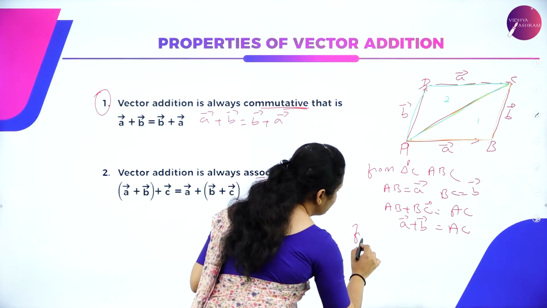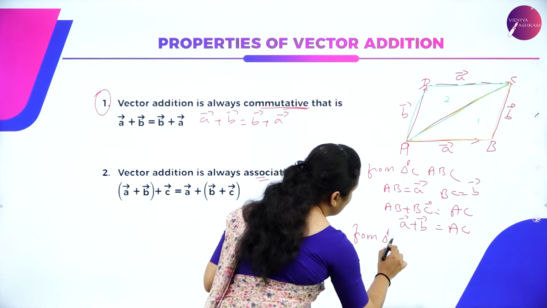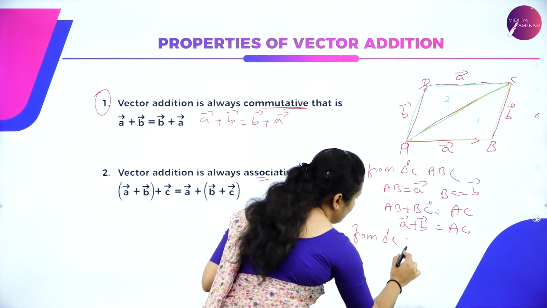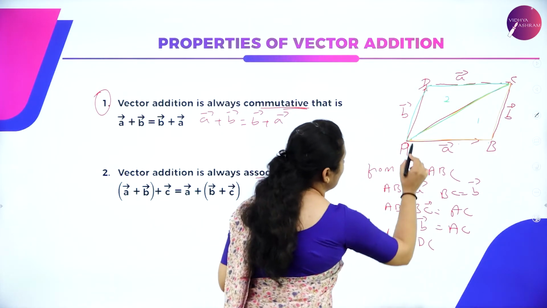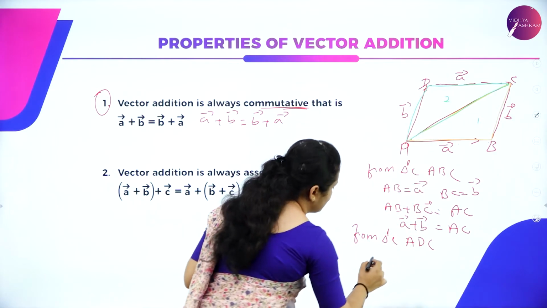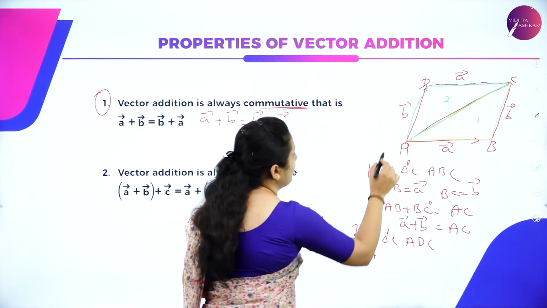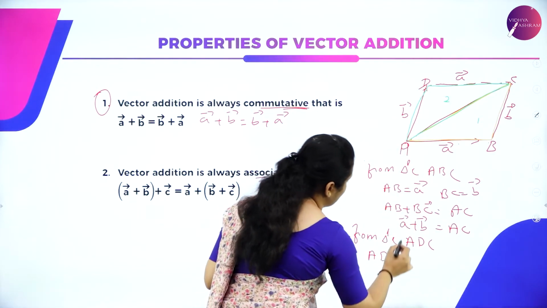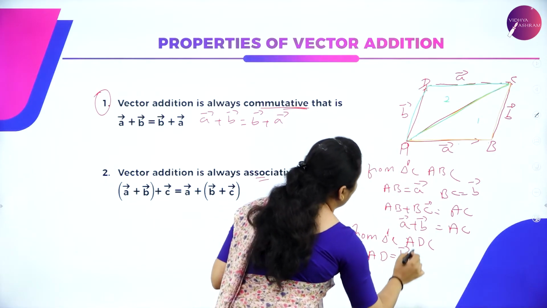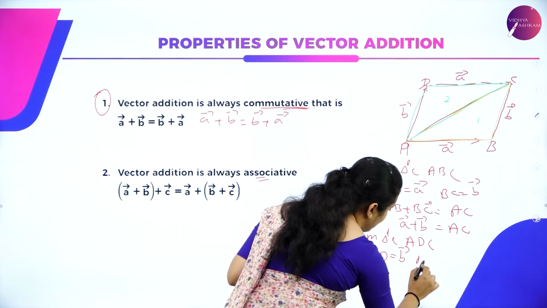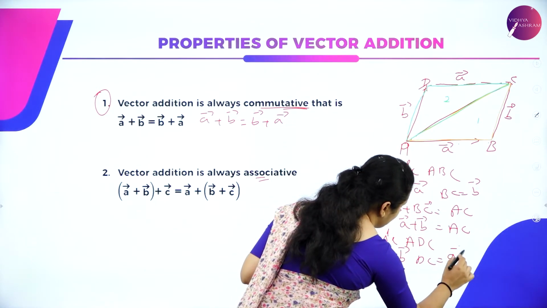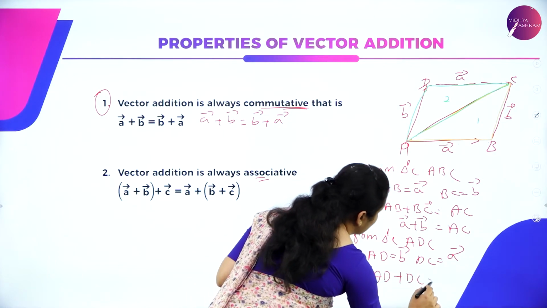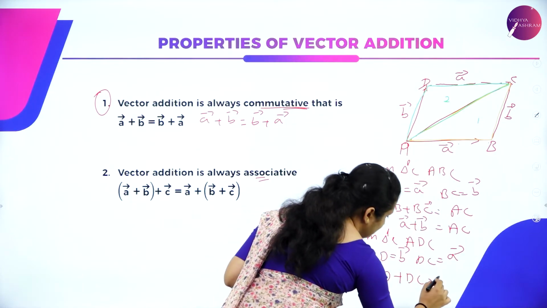Similarly, from the second triangle ADC, AD is represented by vector B and DC is represented by vector A. So AD plus DC gives you diagonal AC.